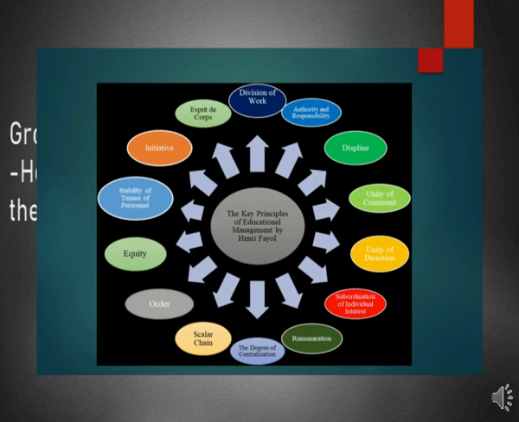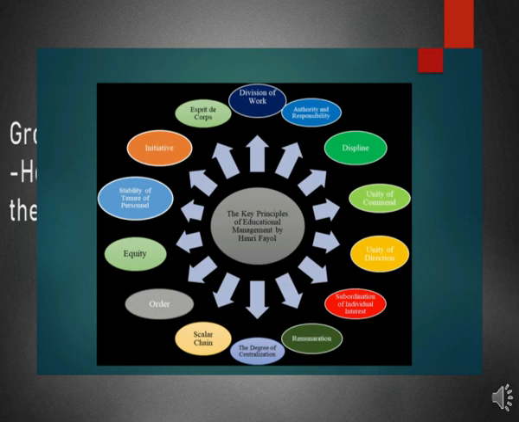Managers must possess the authority to give orders and recognize that with authority comes responsibility. Discipline. Everyone should follow the rules. Unity of command. Fayol wrote that an employee should receive orders from one supervisor only to ensure stability. Unity of direction. Teams with the same objective should be working under the direction of one manager using one plan.